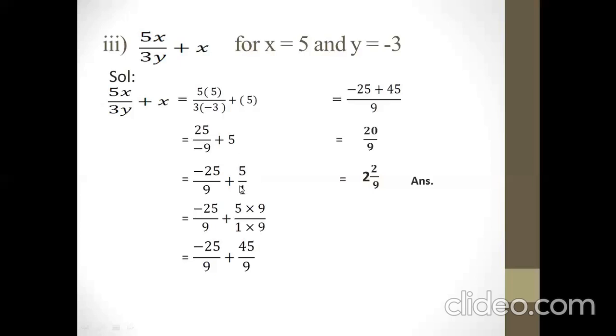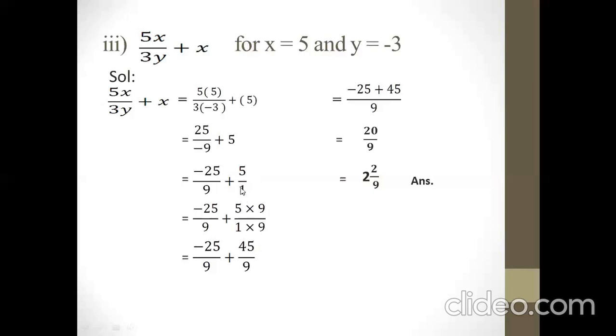Now, further what we have to do? We can see that both are now converted into fractions, and these fractions are unlike fractions, and we have to convert them into like fractions.